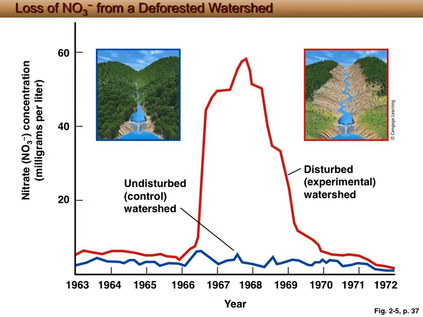Back to the experiment that we talked about originally, where we had the undisturbed land and the disturbed land. What the experiment provided, back in the 60s, was that if you look at an undisturbed watershed, it's in the blue. What's happening is it's pretty stable over time, the level of nitrates that are discharged through the water, because the vegetation actually holds it.